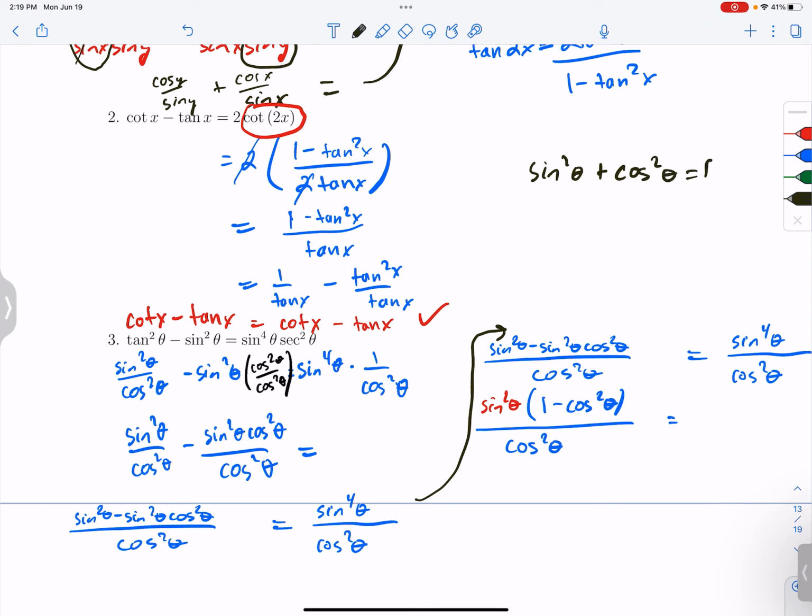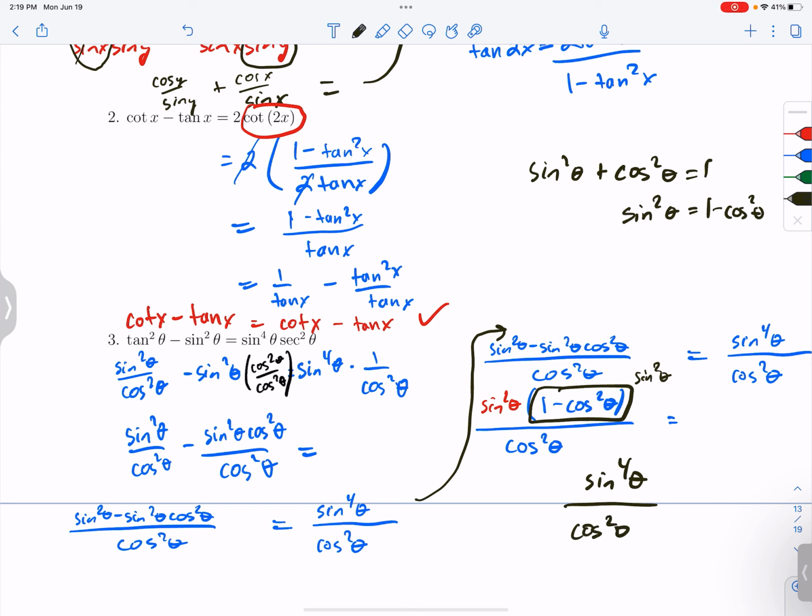If I subtract cosine squared, I'm left with sine squared theta equals 1 minus cosine squared theta. So I'm going to replace this with sine squared theta. So in the numerator, sine squared times sine squared is sine to the 4th theta, divided by cosine squared theta. And there we have it.